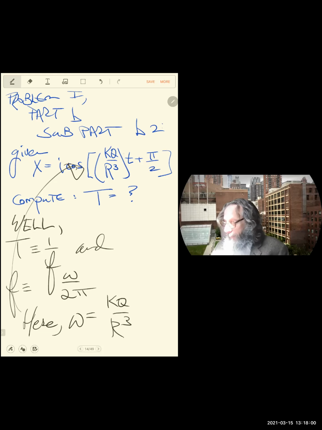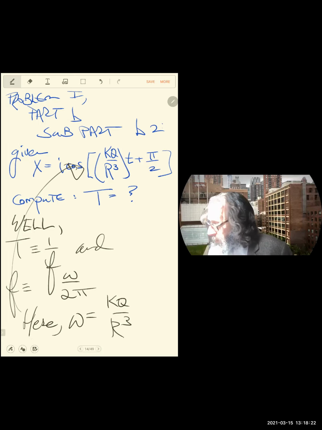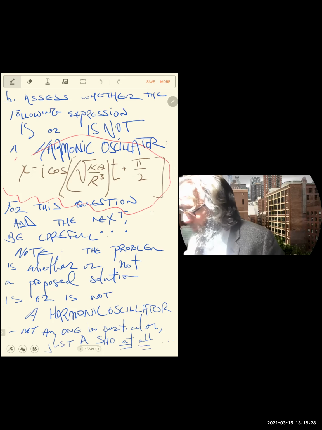Put another way, T is measured in seconds, so whatever constant is next to the T must be a constant measuring in radians per second. So that constant next to T is omega. It just is omega. So if that's omega, sorry.